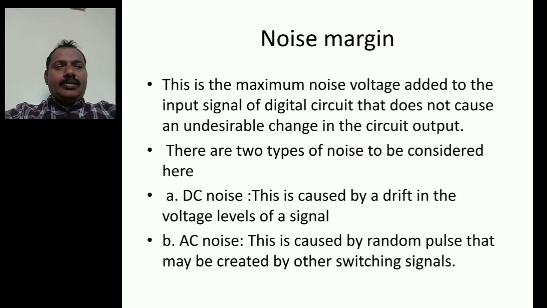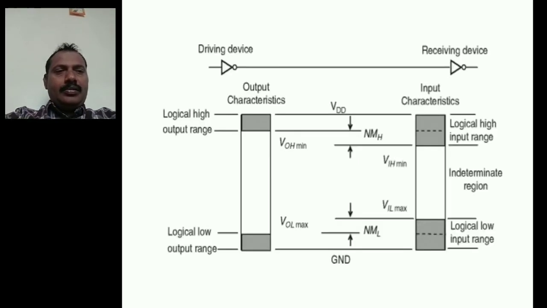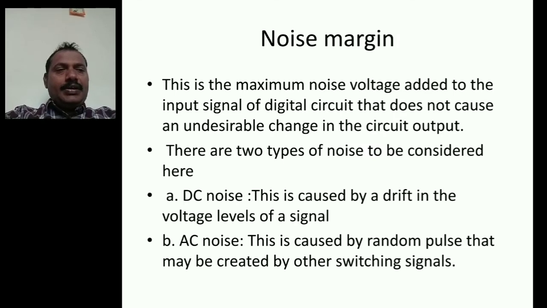DC noise is caused by a drift in the voltage levels of a signal.